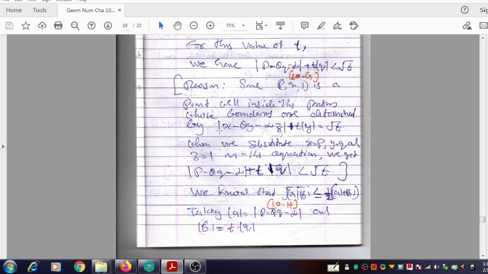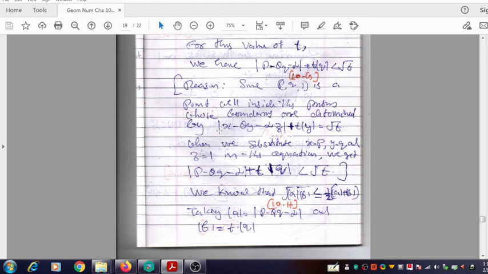When we substitute x equal to p, y equal to q, and z equal to 1, we get this inequality. By varying the value of t, you get a prism which contains the lattice point well inside it.